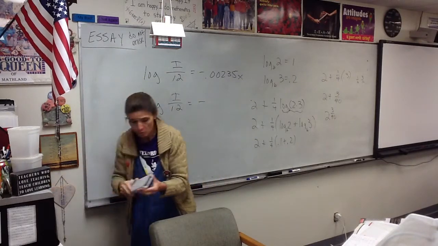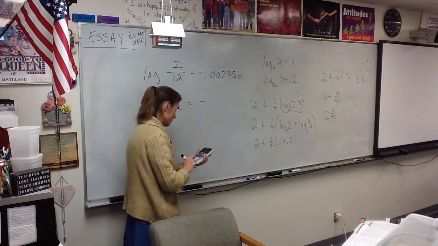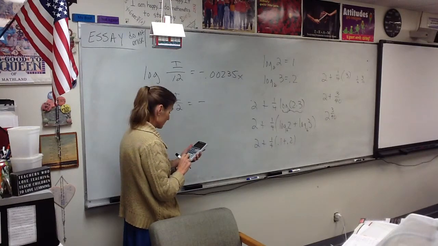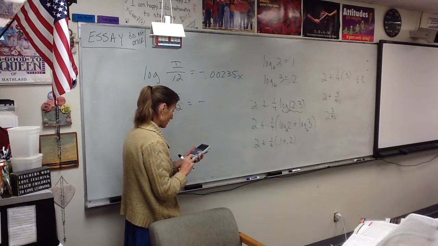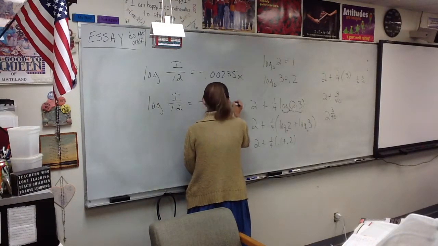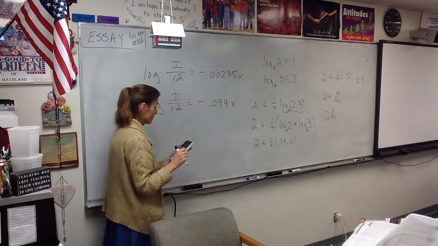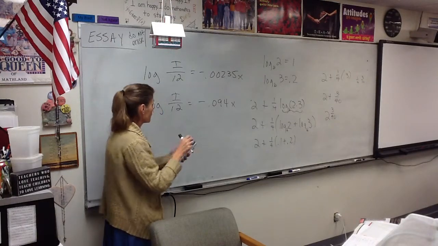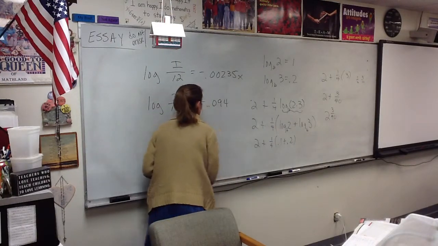Okay, well, that would be our first step, plugging in 40. Looks like 0.094. If I multiplied right? Oh, not x, I plugged in x.